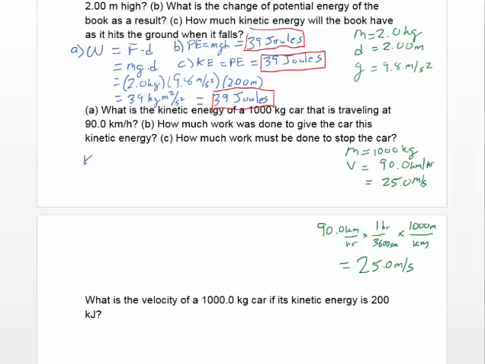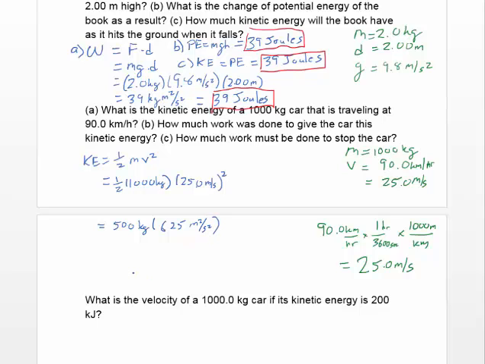So we know that the kinetic energy equals 1/2 mv squared, and we know all our numbers now, so that's equal to 1/2 times 1,000 kilograms times the velocity, which we've converted, 25 meters per second squared, or it's equal to 500 kilograms times, we square the 25 and get 625 meters squared per second squared.